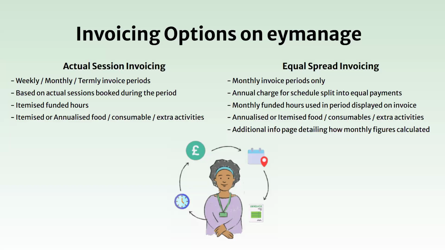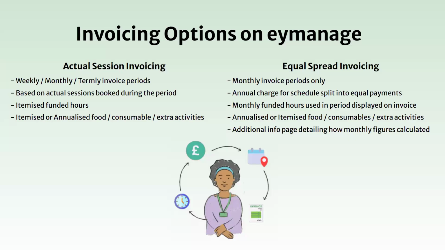Some of you maybe are using one or both of the invoice methods we already offer. Of course, it might be that you're using a combination within the setting. But the key thing to consider here is that within EY Manager, we have 2 compliant invoice models available for you, both of which support the transparency requirements from the DfE shown on the previous slide.